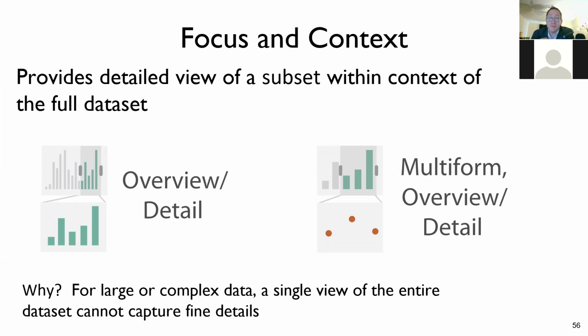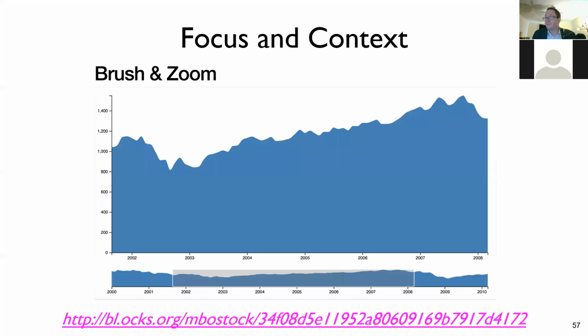Heck, most any role-playing game, I think you end up seeing similar things. I have an overview of the entire world in one view, and then I have a much higher detail version in the large, the place where your characters are now. So with overview plus detail, I get to choose a snippet of my data set, and I see that in high detail, but I still get the context of what I'm looking for.